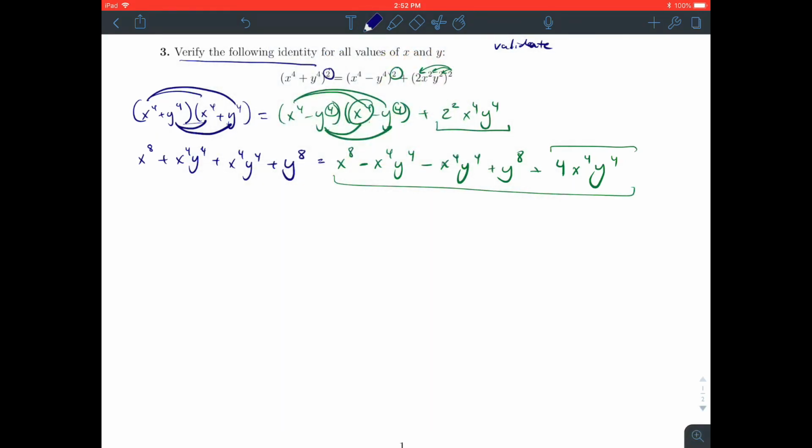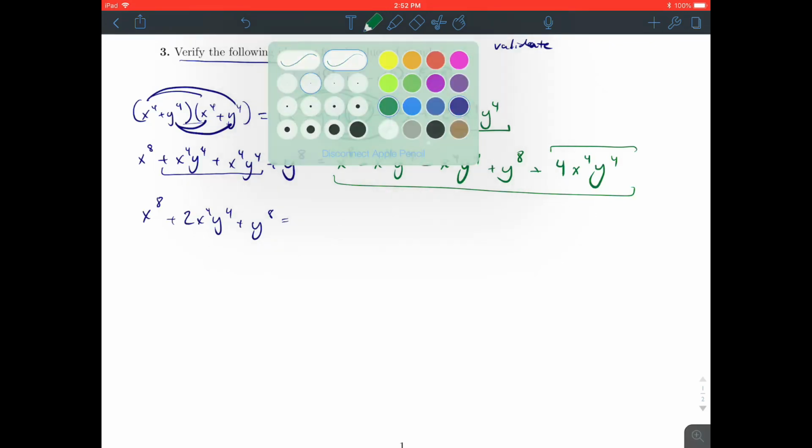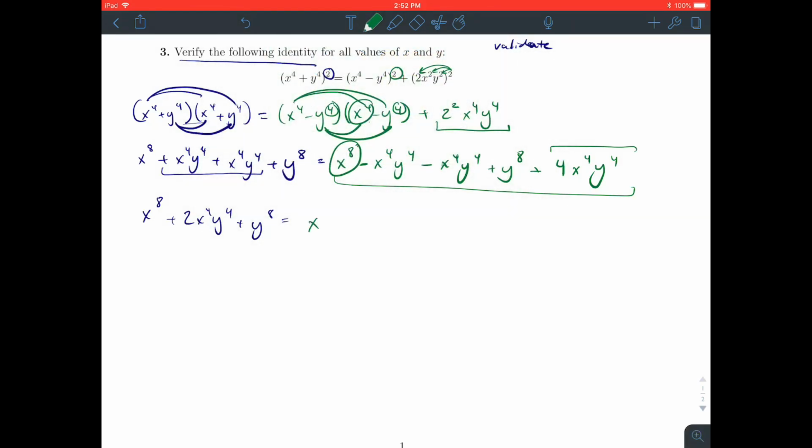So let's see. We've got x to the 8th plus, we've got one of these plus another of them. We've got 2x to the 4th, y to the 4th, plus y to the 8th equals. Now over here, we've got x to the 8th. That's looking good. Now we've got a number of these x to the 4th, y to the 4th terms. I'll use a triangle for those.